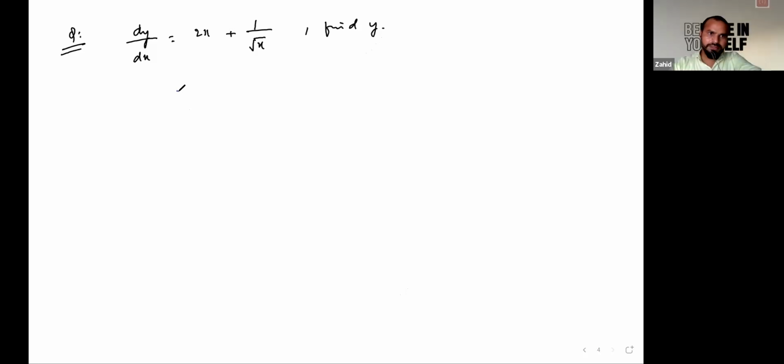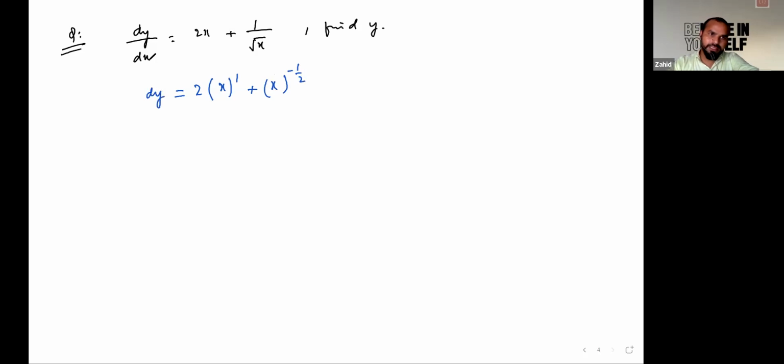Let me give you some hint. Just write this as 2 being the coefficient and x raised to the power 1 plus, bring this particular part to the numerator. It is nothing but x raised to the power half. If it goes to the numerator, then its exponent becomes minus, so it becomes minus half.